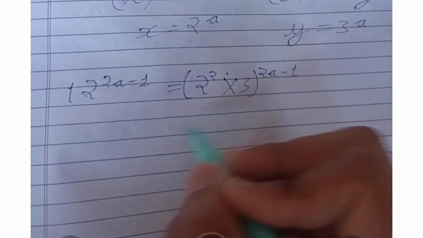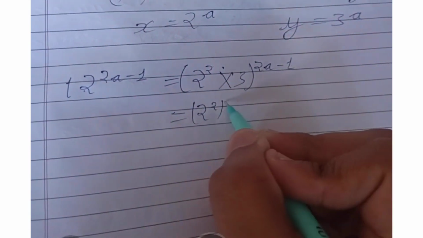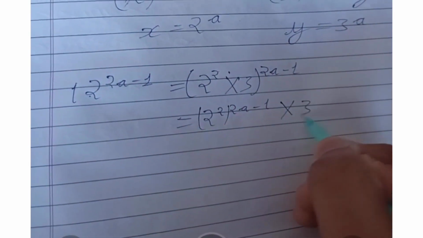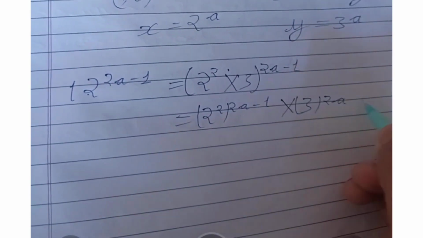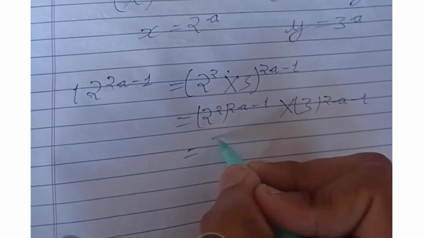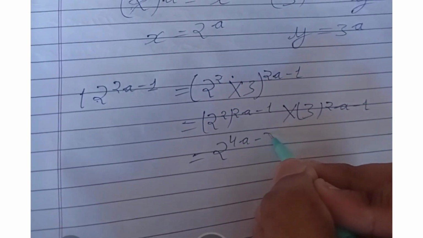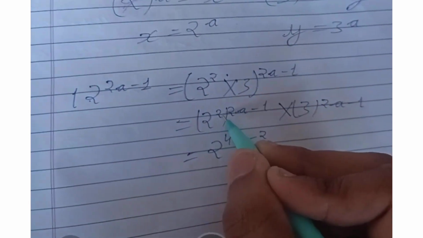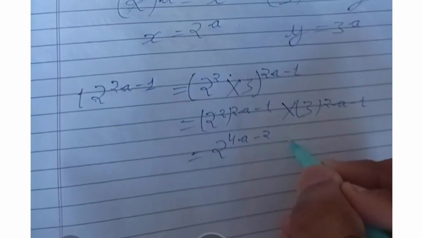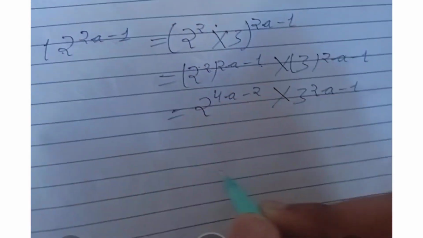Now we can write like this also, 2 power 2 to the power 2a minus 1 multiply 3 to the power 2a minus 1. So this can also be written like this, 2 to the power 4a minus 2, means 2 2s are 4 and 2 2s are 2, but minus, then multiply 3 to the power 2a minus 1.